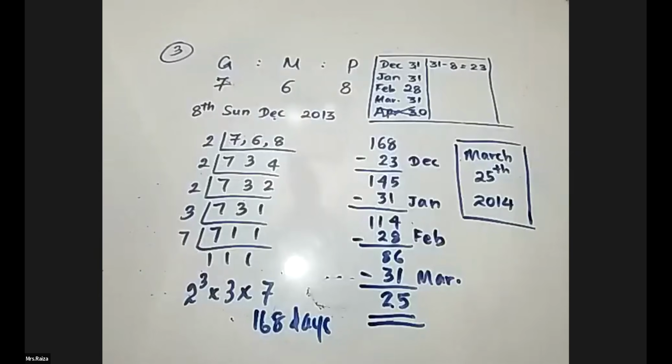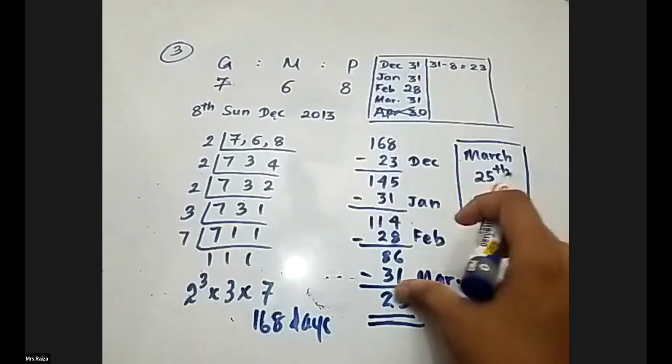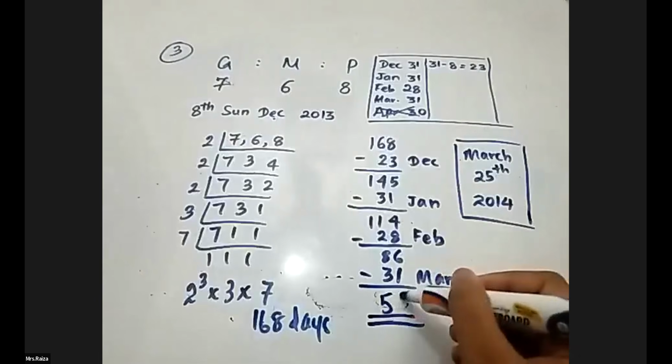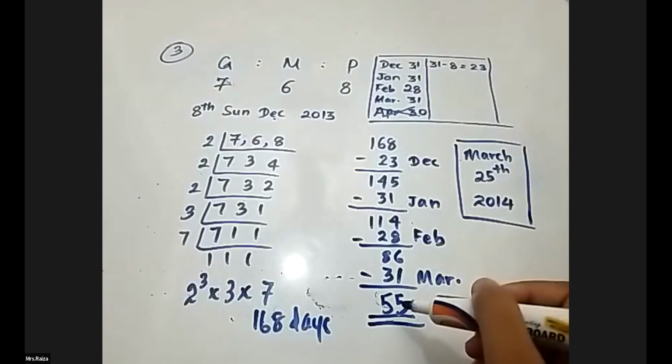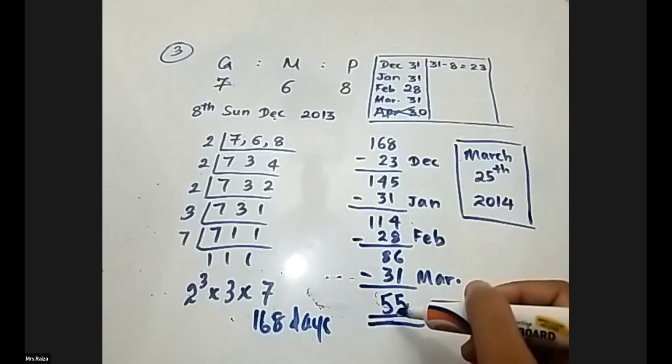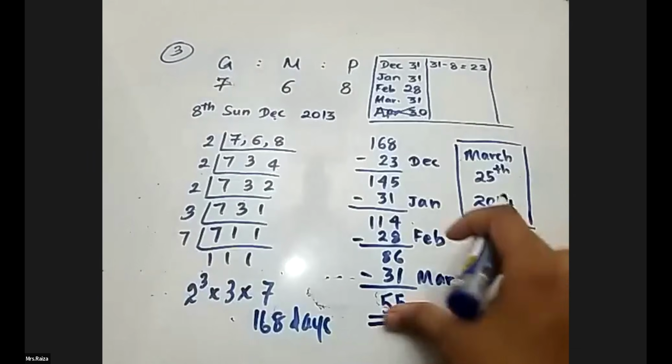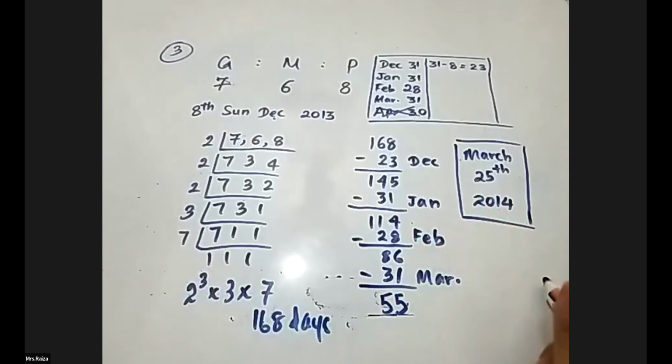Did you understand this question? Yes. Wait. I made a small mistake here. Then 55 comes. Okay. 55 comes. Then we have to subtract April also, right?